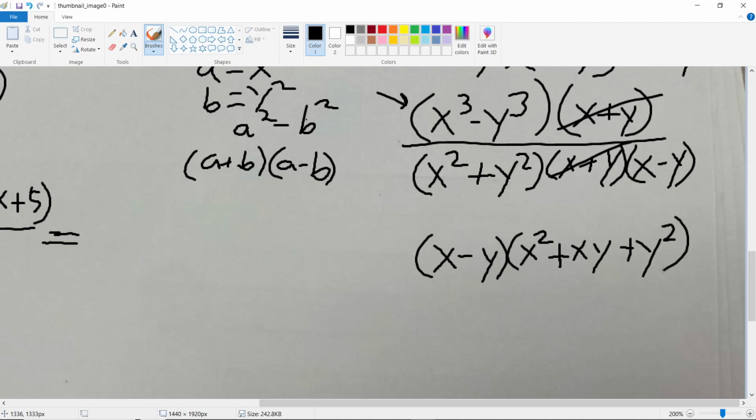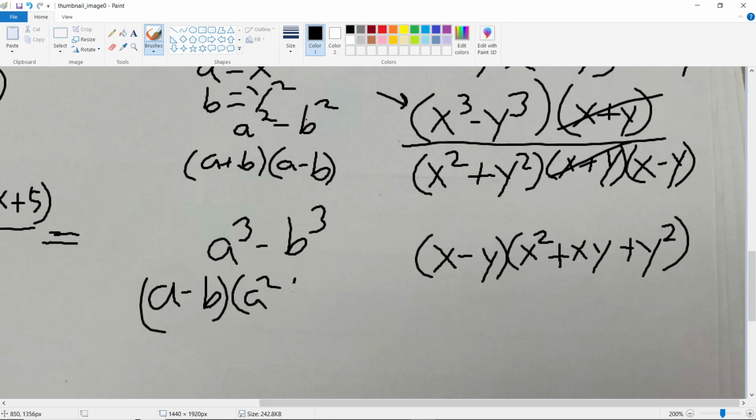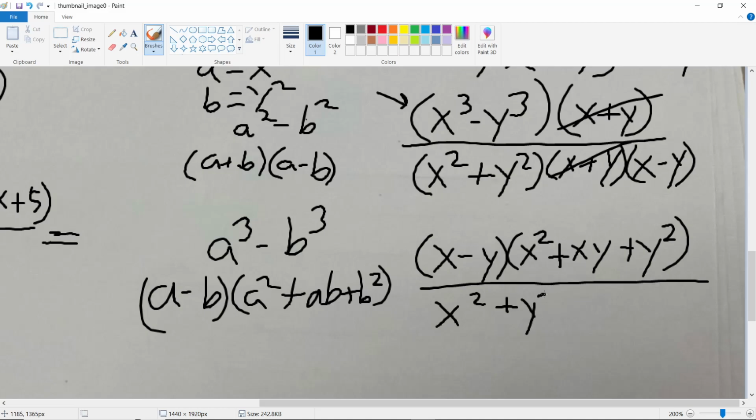If you don't remember that pattern, a cubed minus b cubed is a minus b times a squared plus ab plus b squared. That's the pattern. Divided by x squared plus y squared times x minus y.